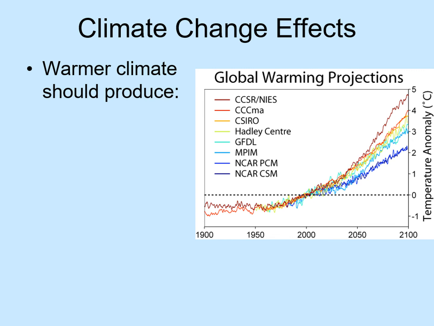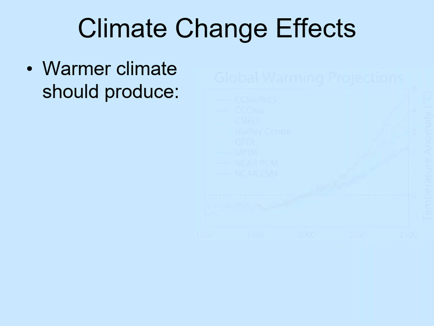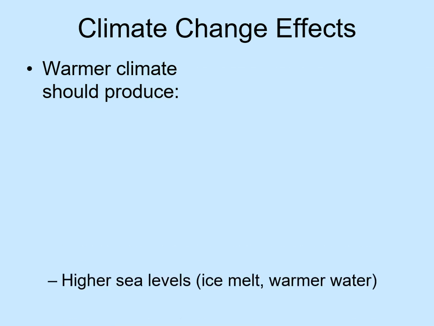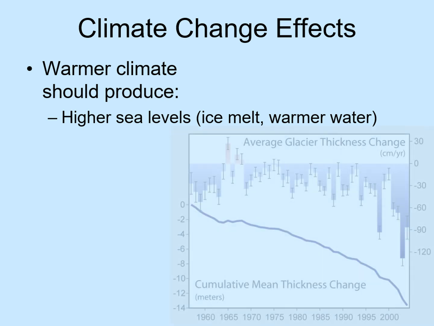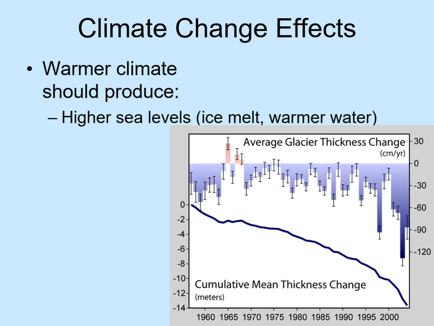So what are some of the things that can happen as the planet gets warmer? First, one thing most people have heard about is higher sea levels. This happens both because melting ice on the continents flows into the oceans and because warmer water expands. We're seeing some signs of both of these already happening. We don't currently know how far this could go.